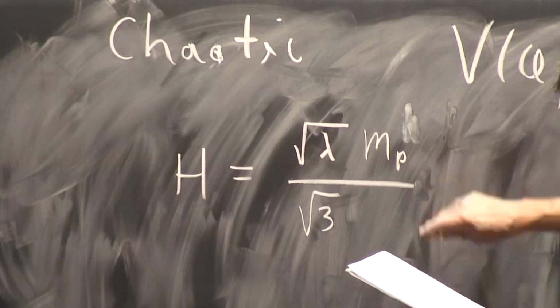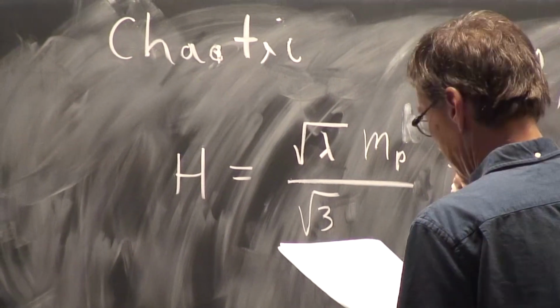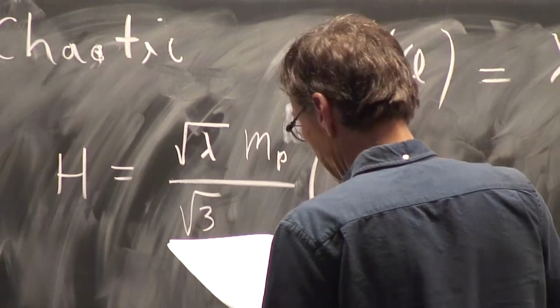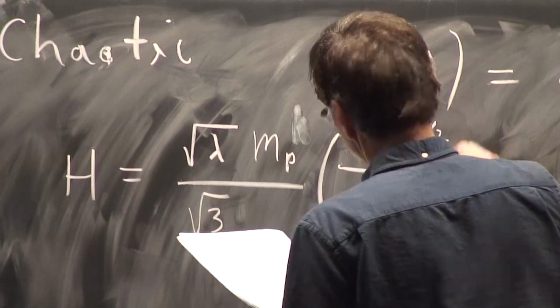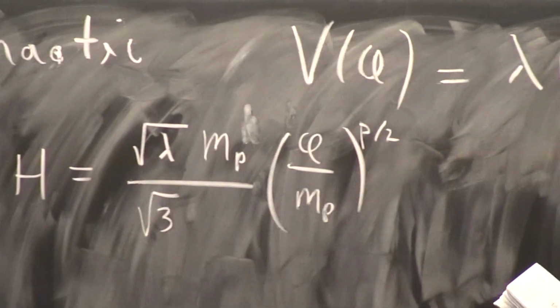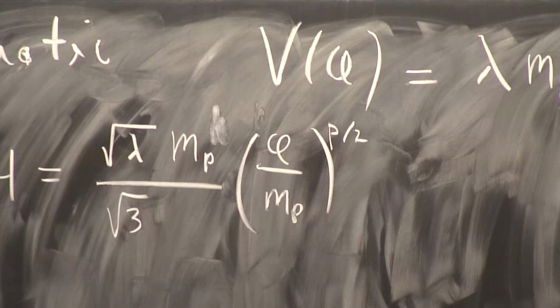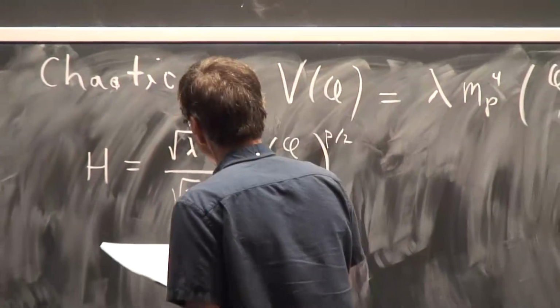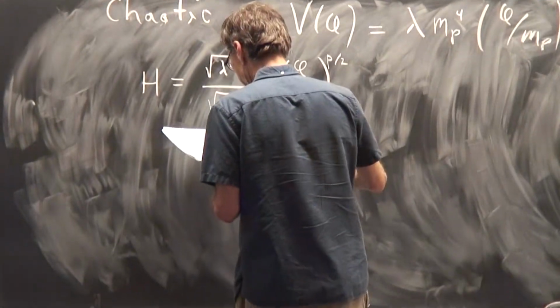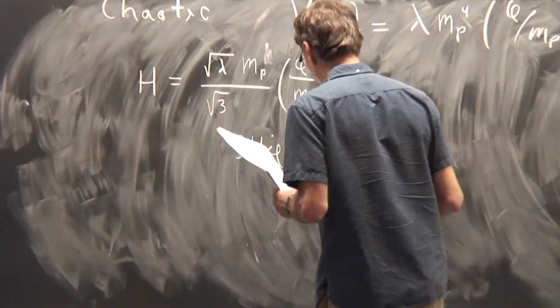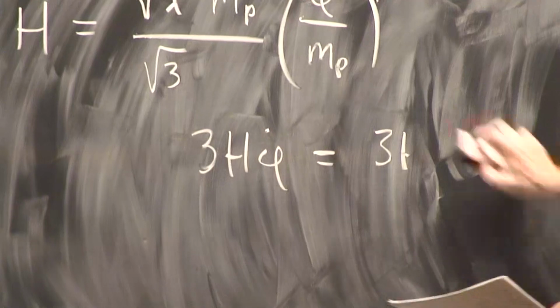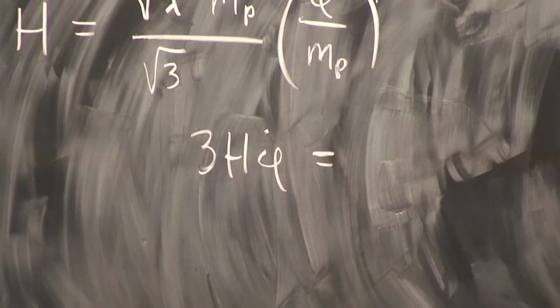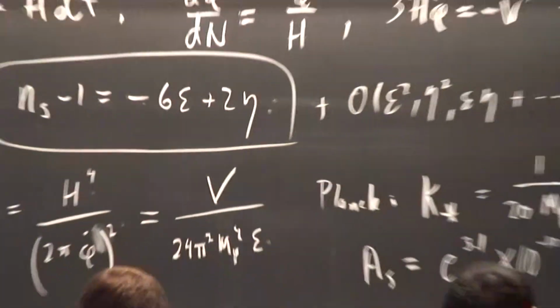We just get one power of m Planck, and we get phi over m_p to the p over 2. And then the slow roll equation for the evolution, 3H phi dot. It's convenient to use the relation we already found over here.